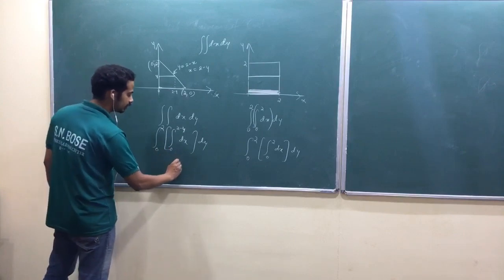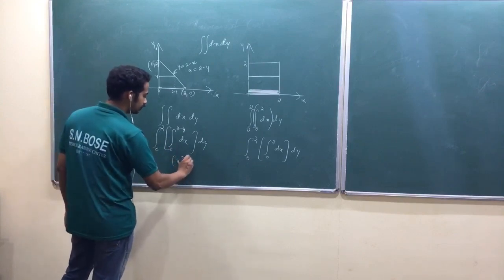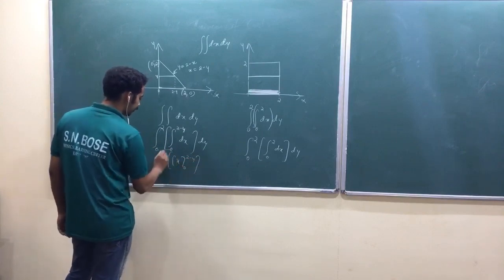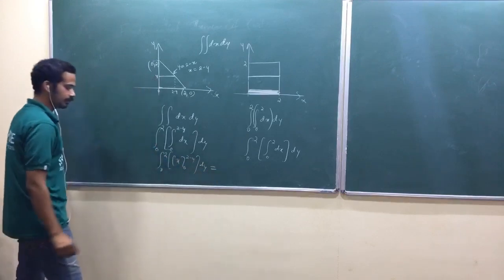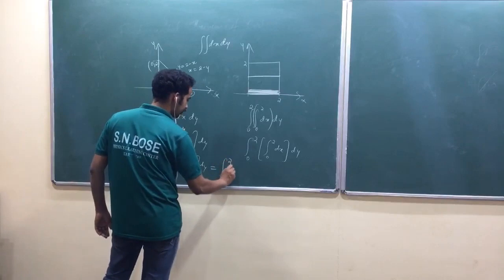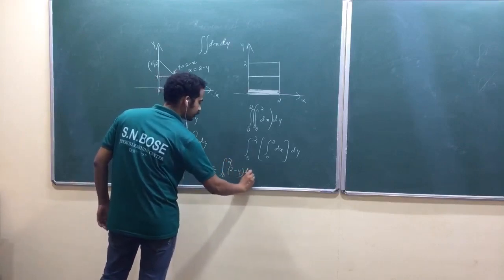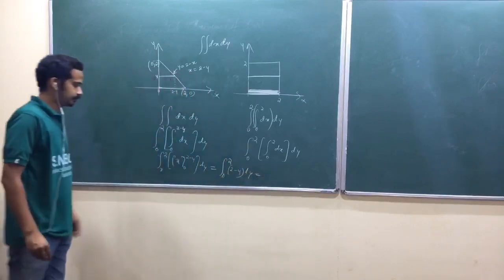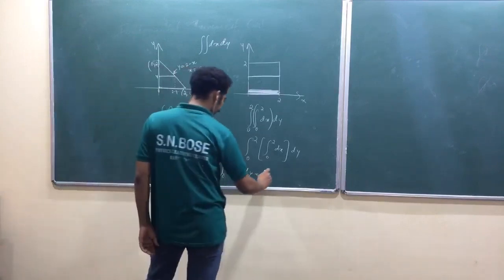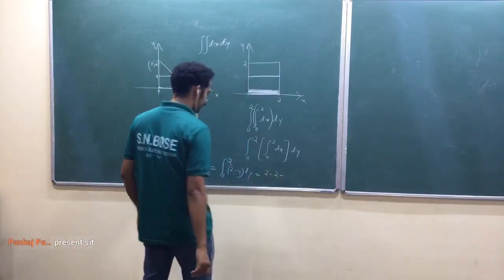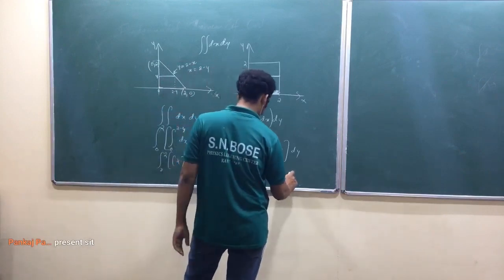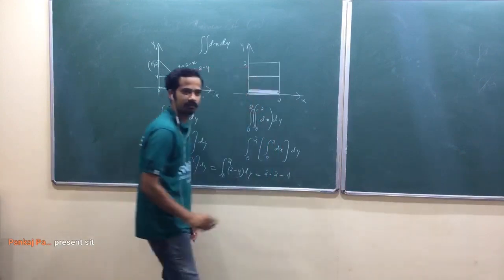So the dx integral answer is x running from 0 to 2 minus y. Then 0 to 2 dy. What is this one? 2 minus y, from 0 to 2, 2 minus y dy. Am I right? So find this one's answer. So 2 into y, minus y square by 2, at y equals 2 gives 4.